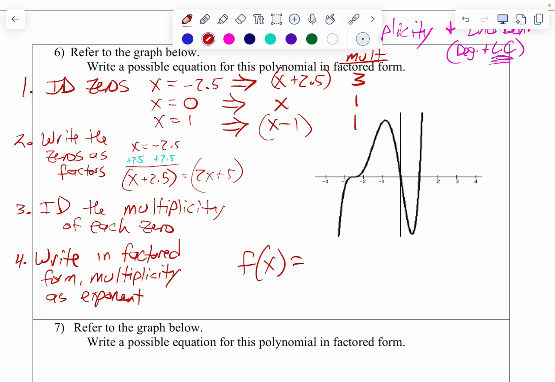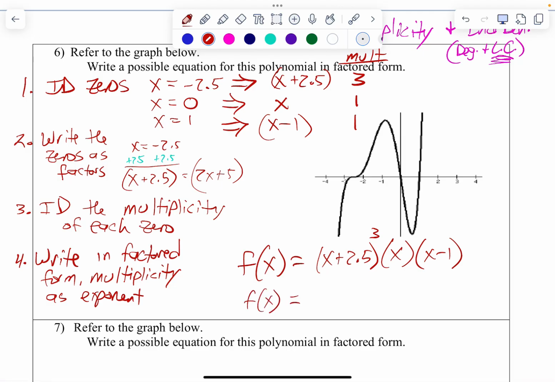It doesn't have to be f, but pick something. Let's go with 2.5 just because I know everybody follows that. This is to the third since it's curving through. And then we have x and x minus 1. Those are both just to the first power. And honestly, we usually write the x, those single terms out front. So I would probably finish by writing it this way, but this is mostly just preference.